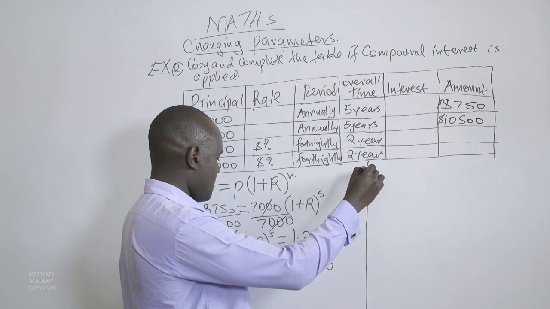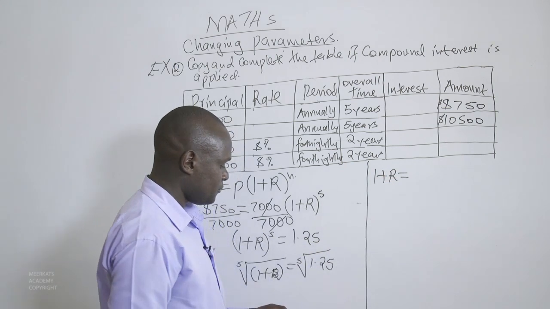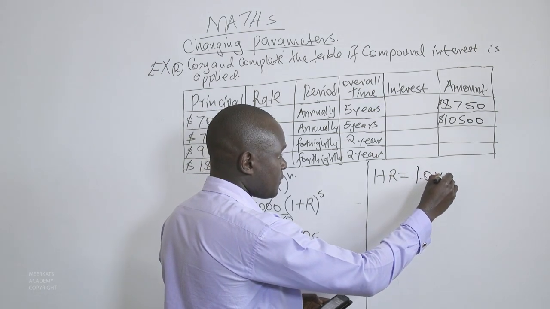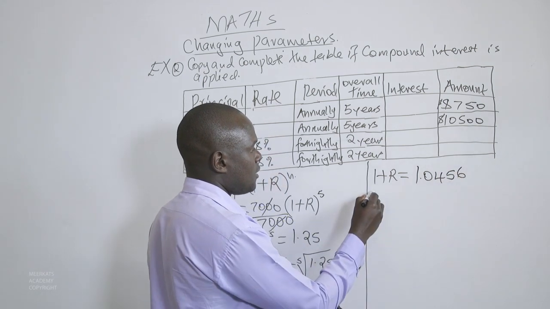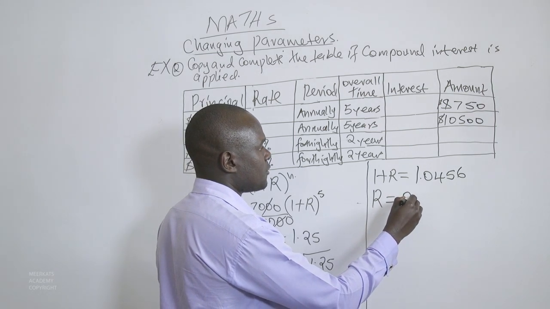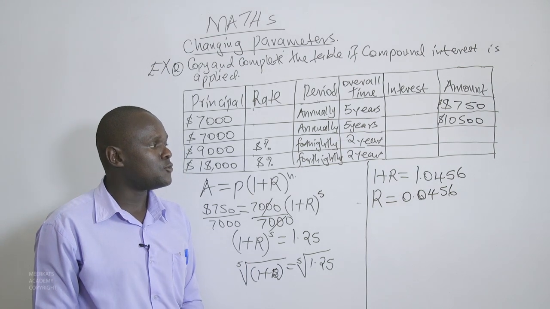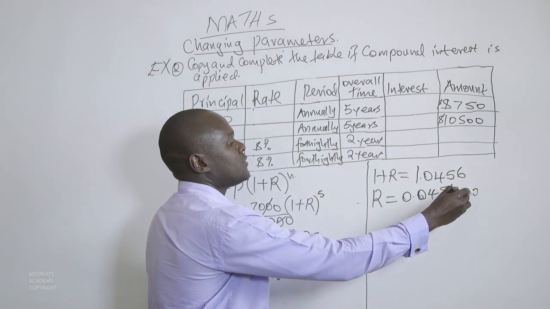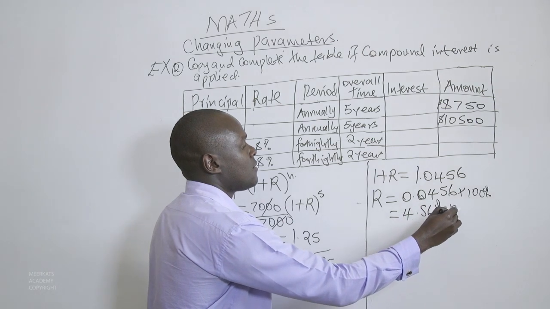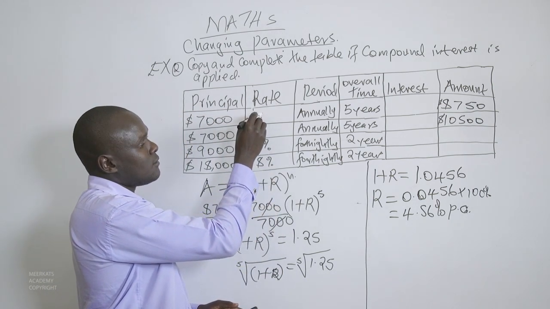And this will give us 1 plus r being equal to 1.0456, and ultimately our rate r per annum will be 0.0456, which we convert into a percentage by multiplying by 100%, and this will give us 4.56% per annum.